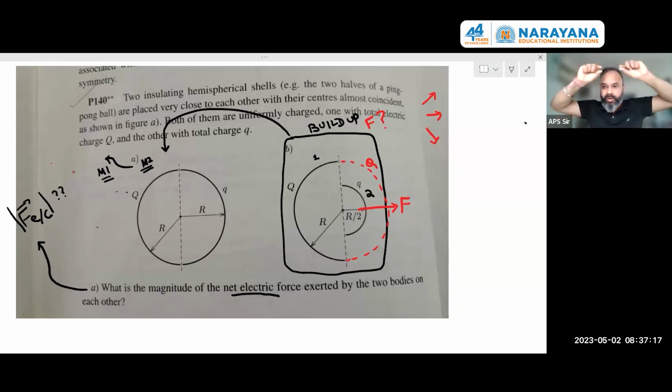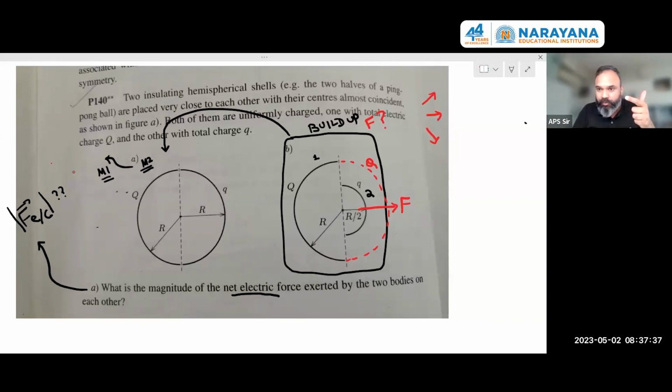Because of a uniform sphere, the field at every point inside the sphere is zero, by the shell theorem. So the total force applied by this complete spherical shell on this hemisphere will be zero.